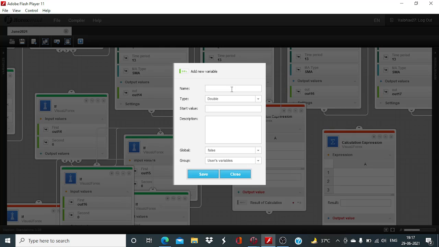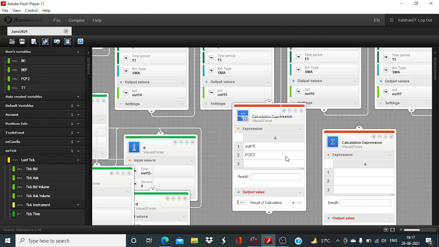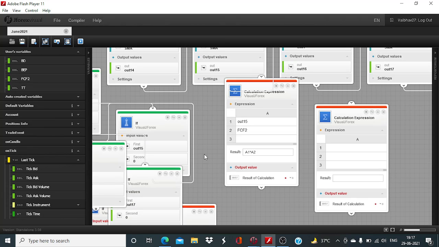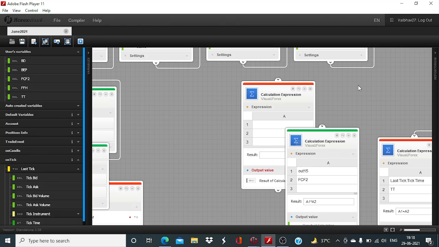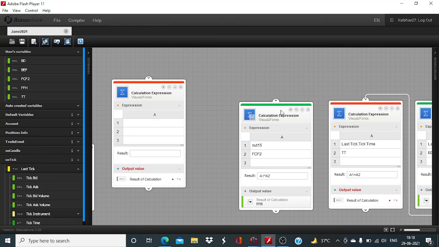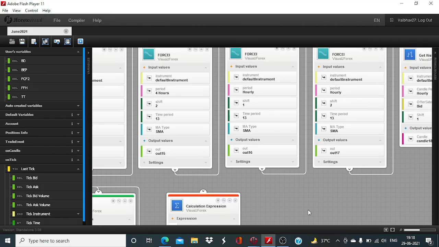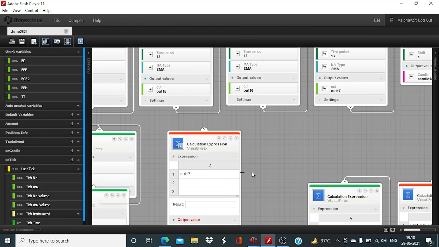I will create a new variable. Out 17 will need to be multiplied by 5.